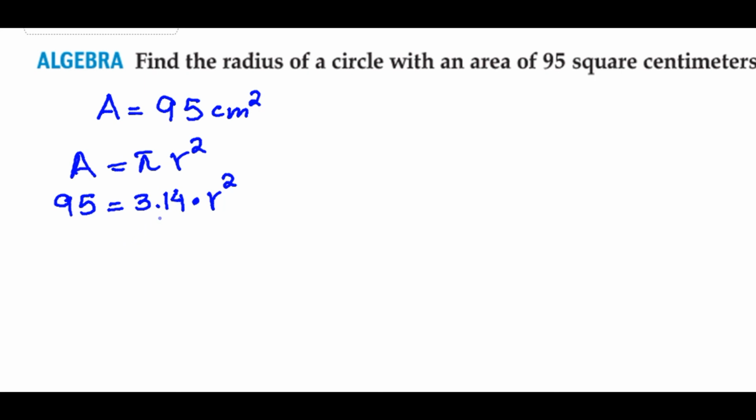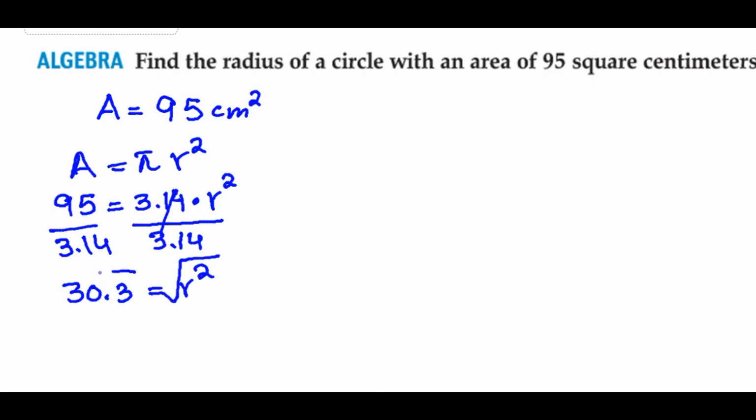To find r, we do the inverse operation. We start by dividing both sides by 3.14. When you divide by 3.14, 30.3 will be equal to r squared, and then square root both sides to get r. r will be equal to 5.5.